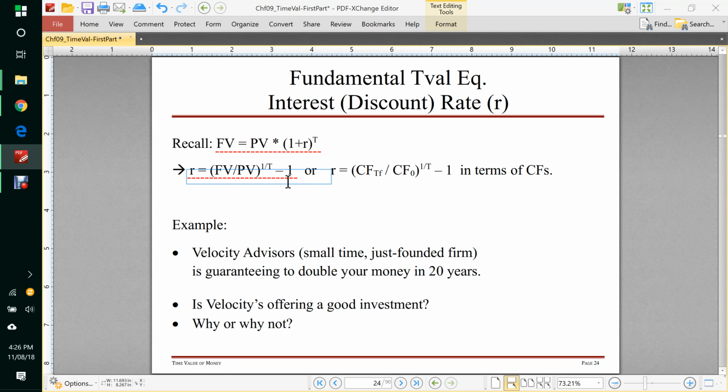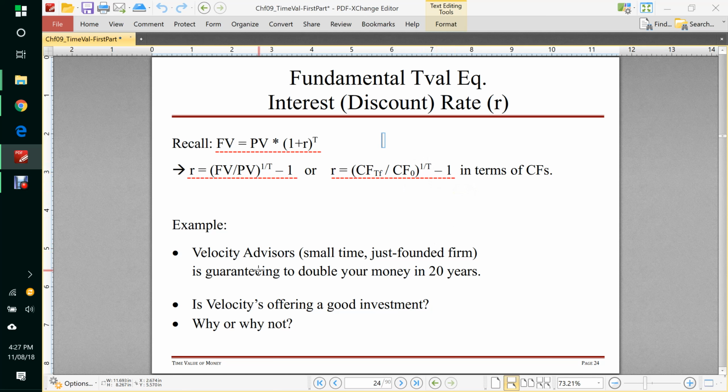Or if we want to do this in finance cash flow terms, the cash flow at the end of the project for a participant divided by cash flow at the beginning of the project for the same participant. Again, I'm ignoring that we should have absolute value signs in there, raised to the 1 over t, minus 1.